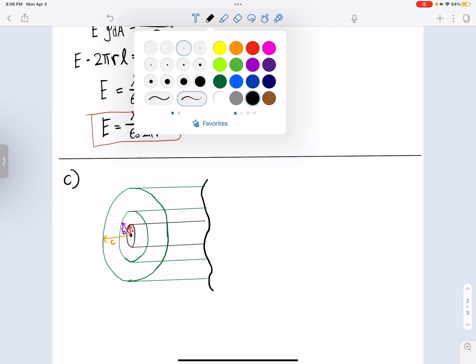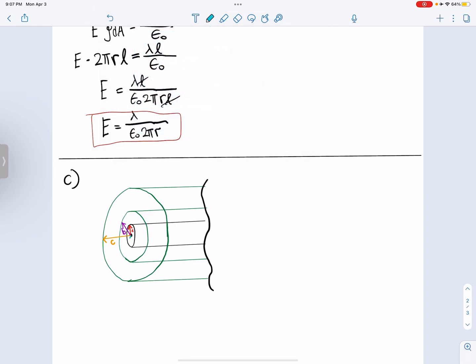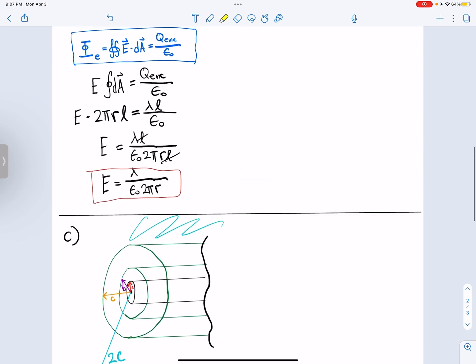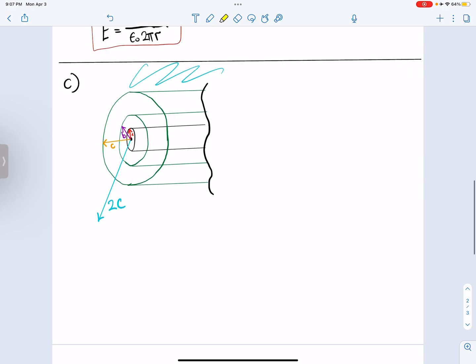We'll go from 0 to a to b to c and all the way to 2c, which is just the area outside of the outer cylinder, which we calculated the electric field for in part B.